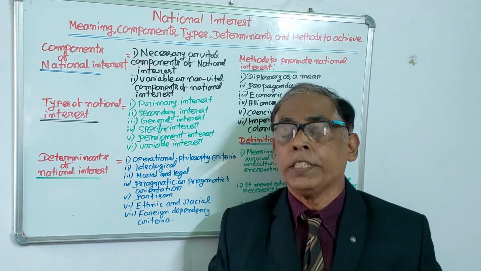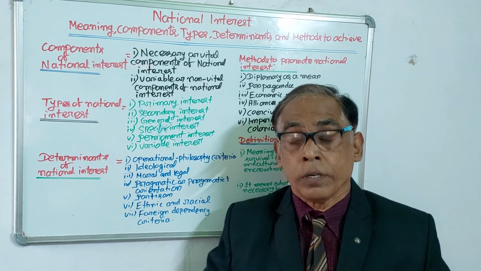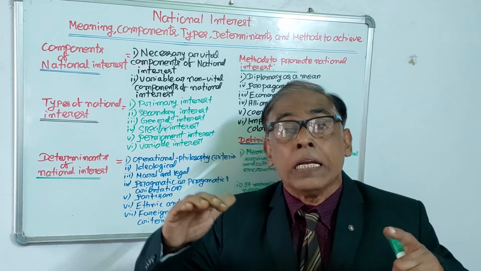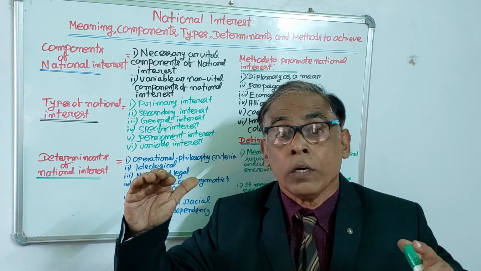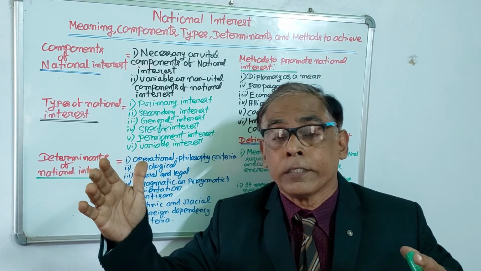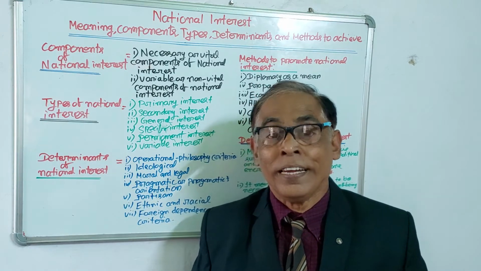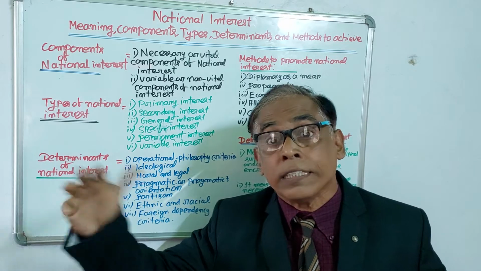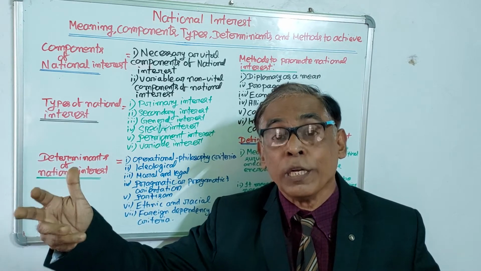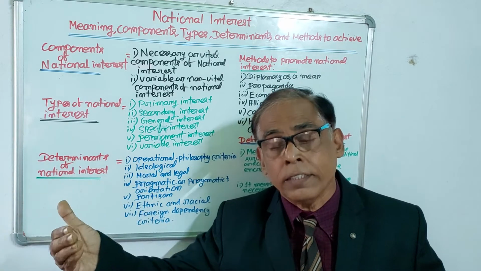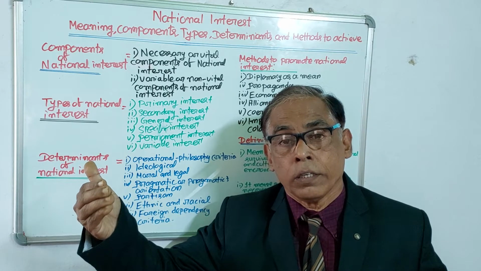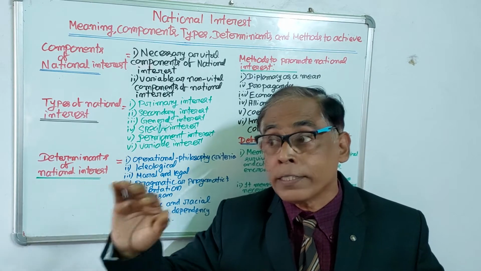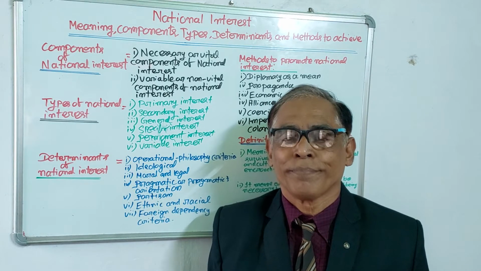Permanent national interest means the national interest of a country which cannot be changed all of a sudden. It is a long-term national interest. A country cannot change it immediately, but a country can change the permanent national interest slowly.